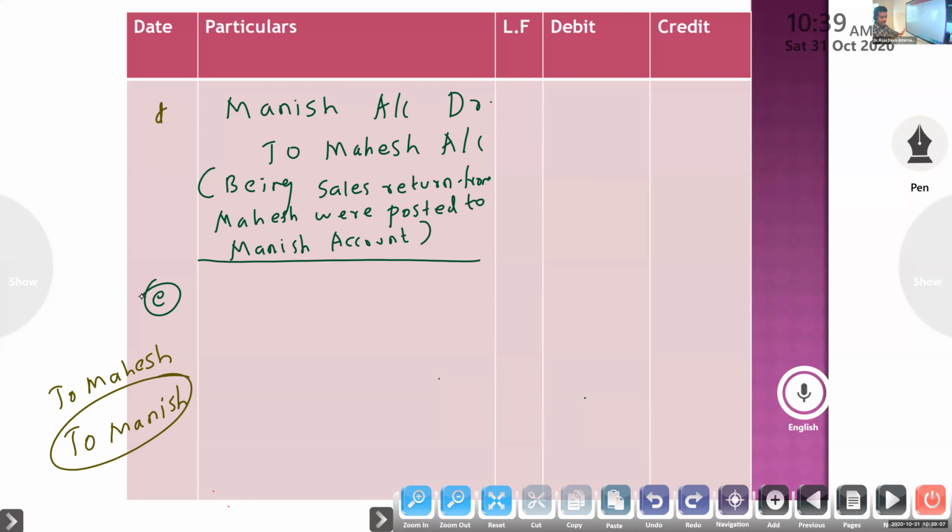But the sales book records only credit sales, and the purchase book records only credit purchases. Here the cash book is where cash sales are recorded.